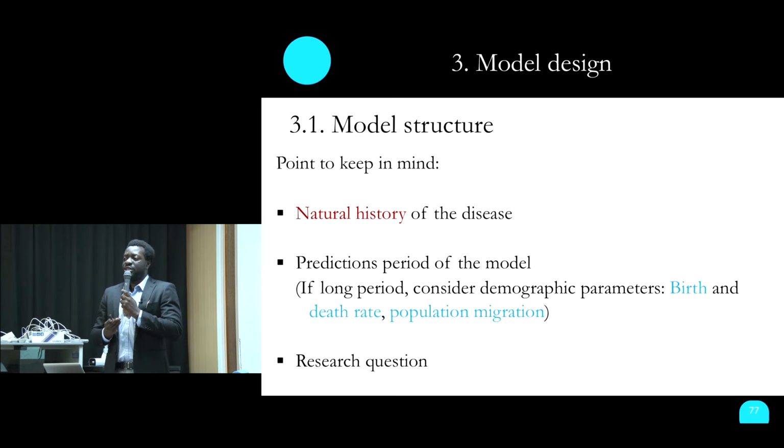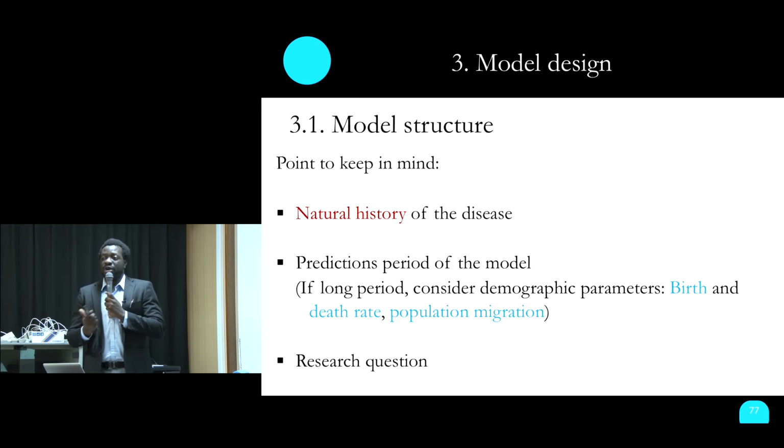So every infectious disease has a particularly different natural history. For example, the incubation period is generally different depending on which infectious disease we're talking about. So you need to have an idea about the natural history of the infectious disease that you are dealing with. And also the prediction period of the model.